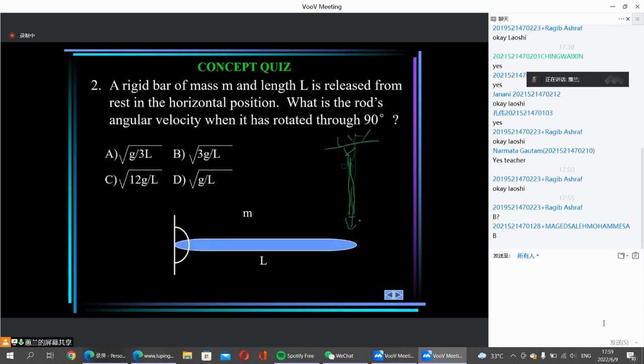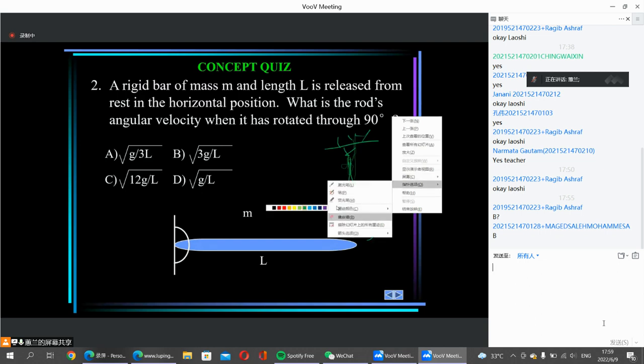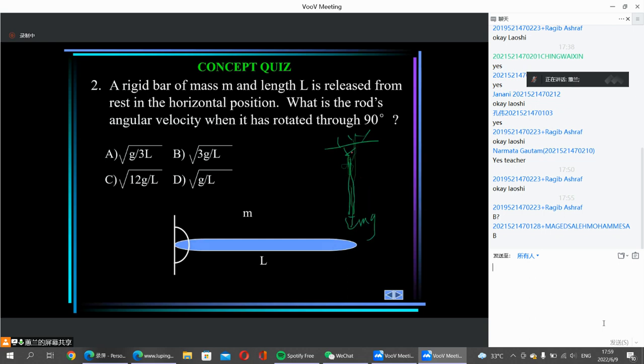Again, as we said, this is mg, the weight, and the reaction forces, we're using O_x, O_y, okay? So this is FBD.